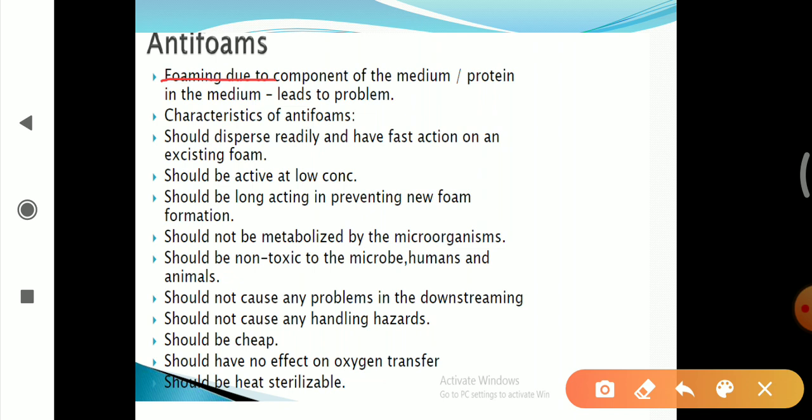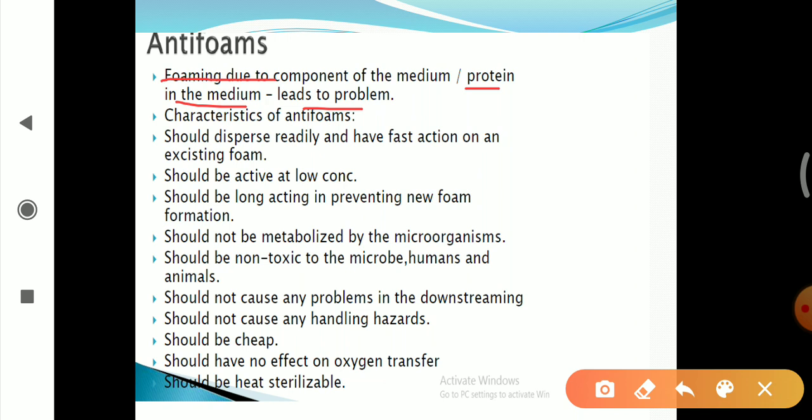For example, if our medium contains corn steep liquor, peanut meal, soya bean meal, yeast extract, meat extract, peptone, etc., if it is proteinaceous, that ultimately leads to the problem of foaming.